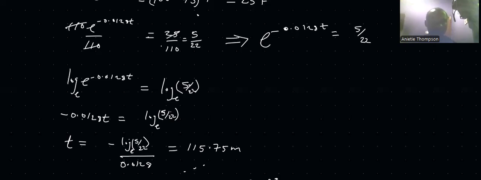I'm not really satisfied with this answer because a layman may not really understand. So the first thing I'll do is divide this by 60. That will give us 1, that means 1 hour. Then we divide the remainder again by 60, which gives about 55 minutes.